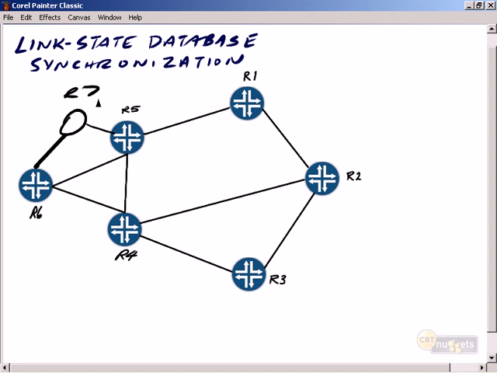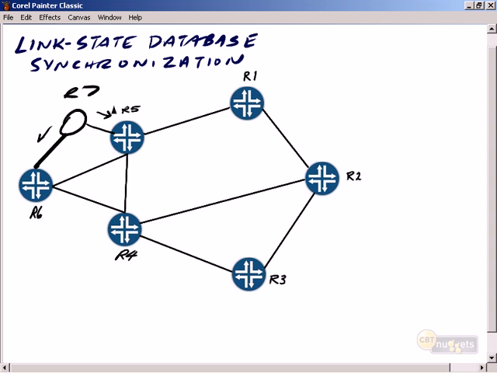Well, here's what we do. After router 7 forms adjacencies with router 6 and router 5, it initiates a process known as database synchronization. That's what we're talking about here. So two routers, let's say router 7 and router 5, will synchronize their databases.